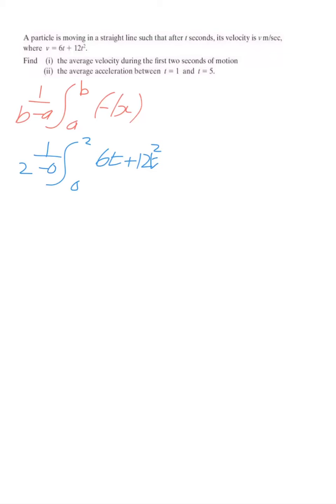So 6t would be 6t squared over 2, then plus 12t cubed over 3. So this will simplify now to 3t squared plus 4t cubed. And that is between then 2 and 0.